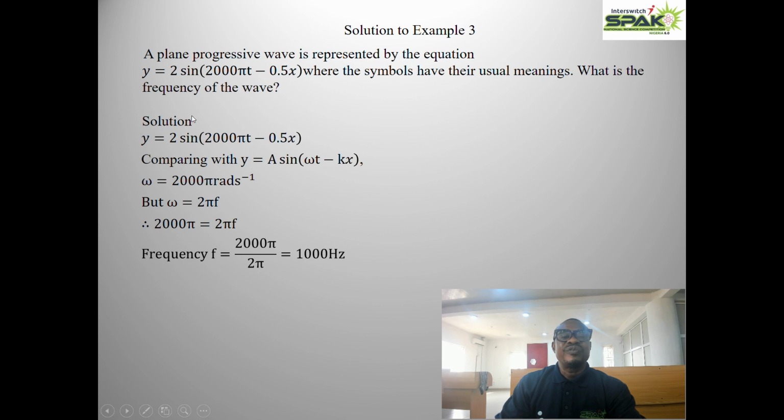But then we are asked to look for the frequency. Remember that your angular velocity is equal to 2 pi f. So what then do you do? This is the value for angular velocity. You substitute into this formula we have here. Then what happens? Divide both sides by 2 pi, which is what we did here. When you divide both sides by 2 pi, the answer is what? 1000 hertz.